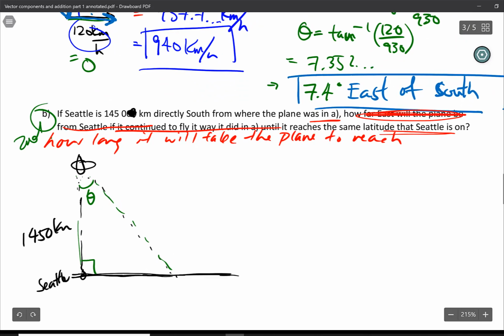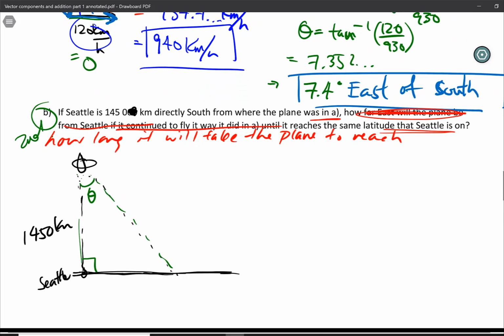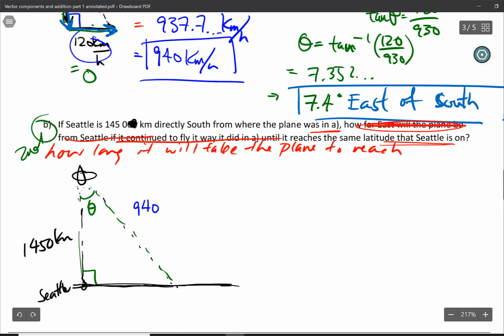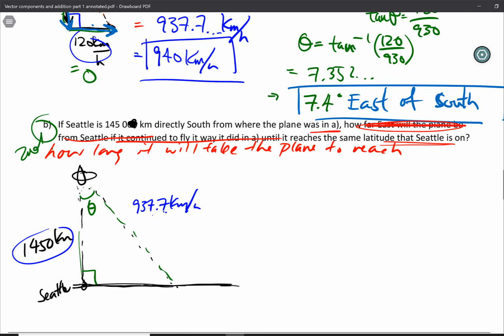Now a common mistake a student will make is the student will think, oh, I know my plane is flying at 940, well actually it's more like 937 kilometers an hour in this particular direction. So that means I just have to take 1,450 kilometers and divide it by this velocity here to get my time, and they think they got it.